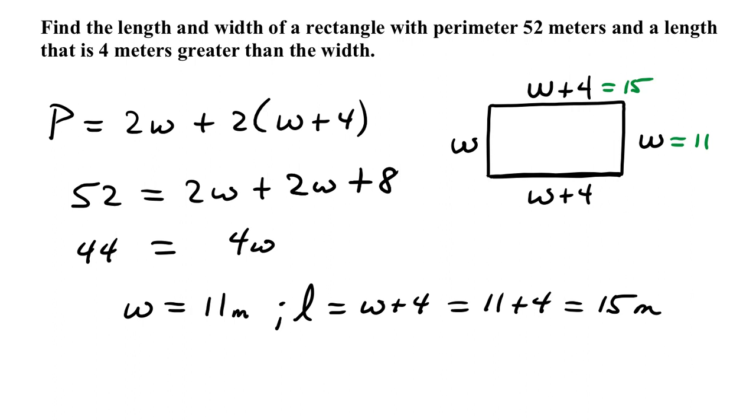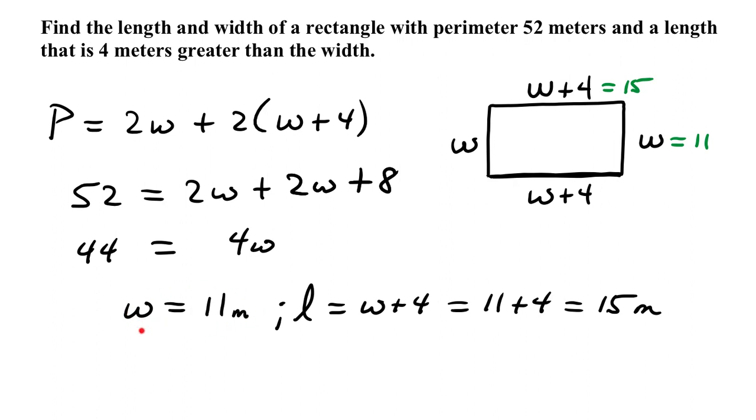We don't know the width or the length, so we're going to say 2 widths plus 2 lengths, with length being 4 greater than the width that was given in the description. Perimeter is 52, so we replace P with a 52. 2W plus 8, combine like terms, that's 4W. Subtracting 8 on both sides gives us 44 equals 4W.